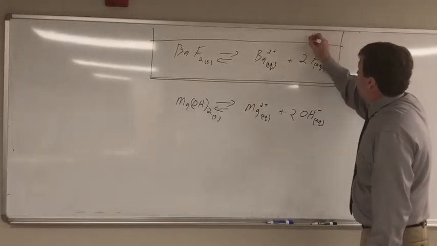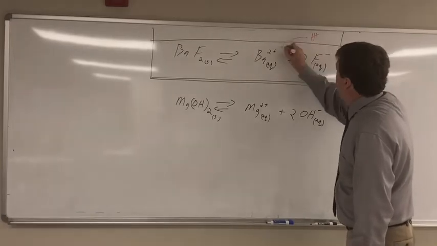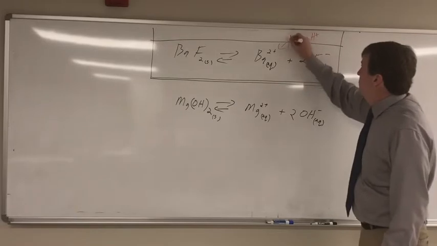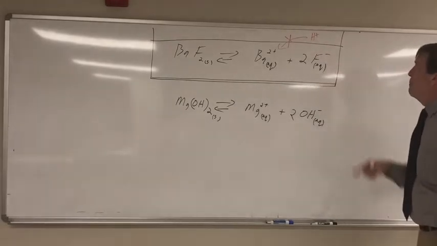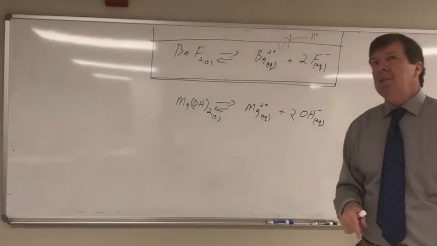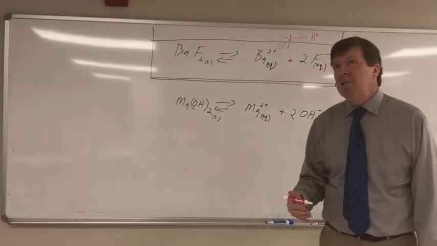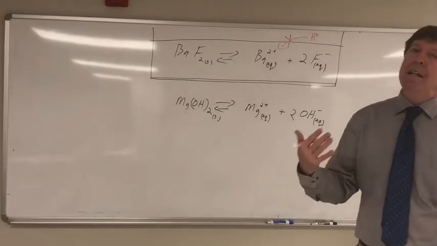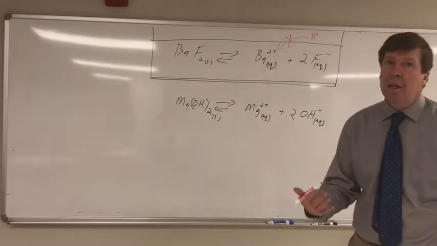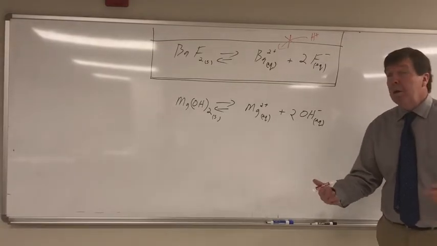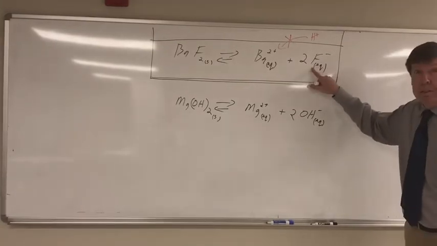So would H positive react with this? Of course not. It's not going to react with the barium double positive. Would it react with F minus? So really what we need to realize is, is F minus a relatively strong conjugate base? Because if it is, it's going to react with it. Is F minus a relatively strong conjugate base, or is this a neutral species?